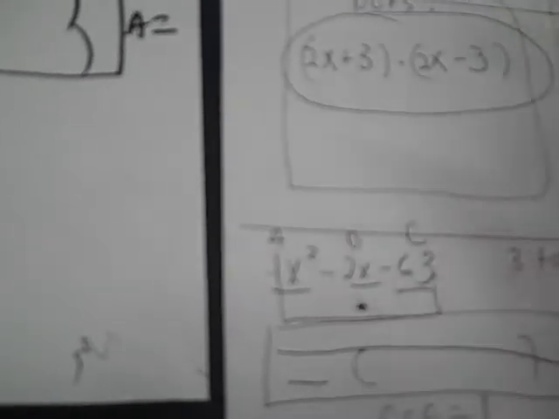Then I go A times C. That's multiplying positive 1 by negative 63, and I got negative 63. So a negative means I'm going to be doing a minus, and that minus needs to equal 2, which is negative, by the way.